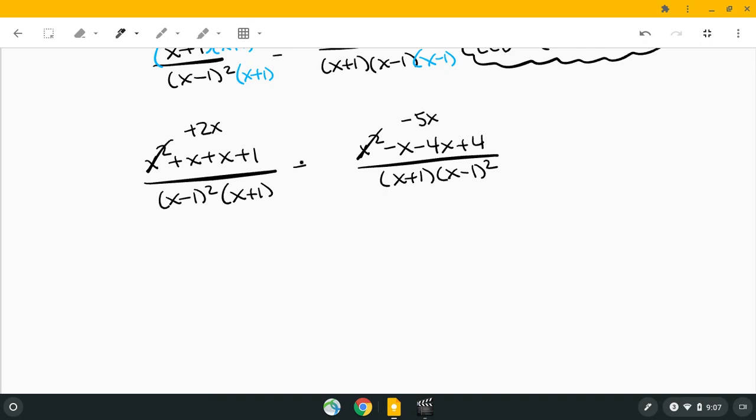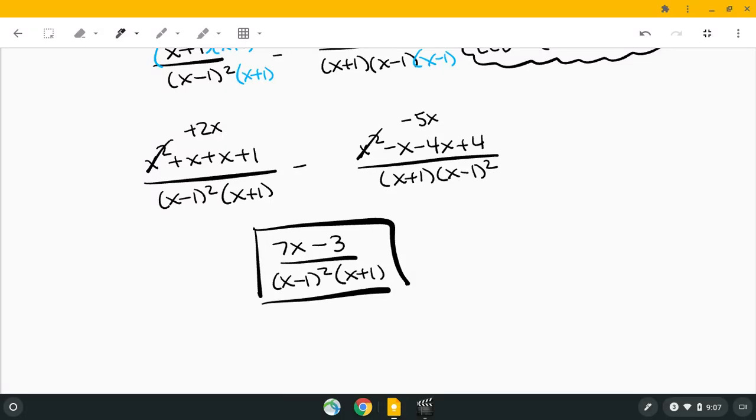So that's 2x plus 5x is 7x. And then 1 minus negative 4. So we get that, and x minus 1 squared, x plus 1. That numerator doesn't factor out, so we can just keep it.